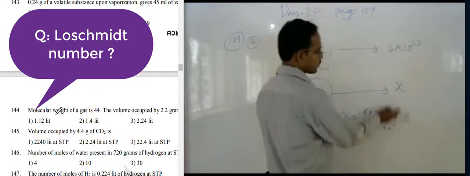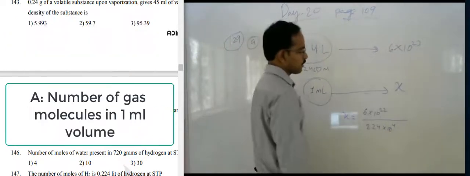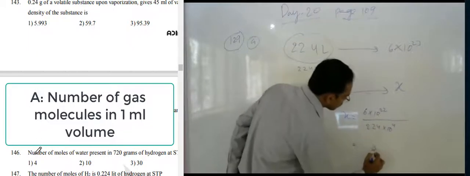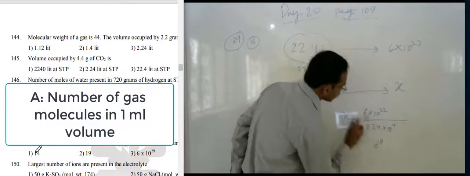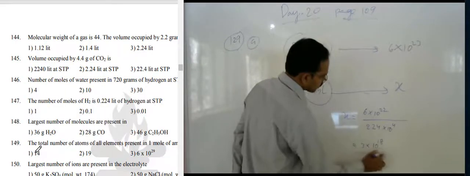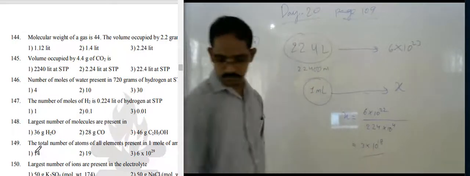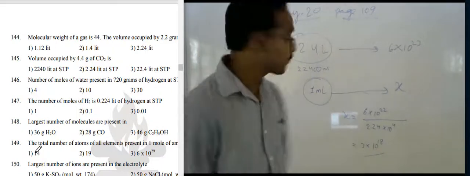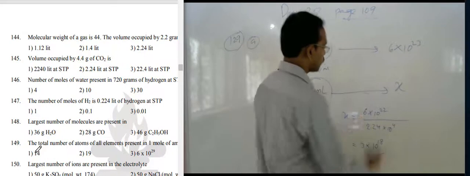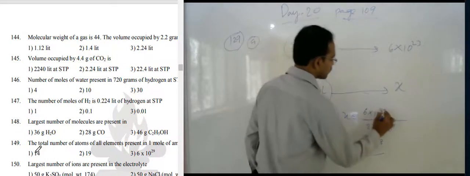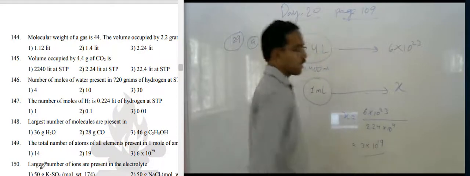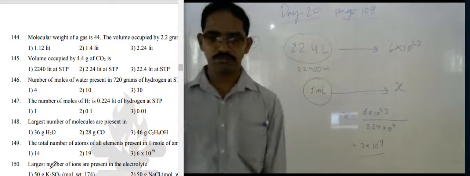The 10 power 4 is going up. Then what will happen? So 10 power 18 will be there. 6 by 2 means approximately 3. 3 into 10 power 18. Wait, 23. Sorry. Here 23, right? Here 19. Okay, cross multiplication only here.